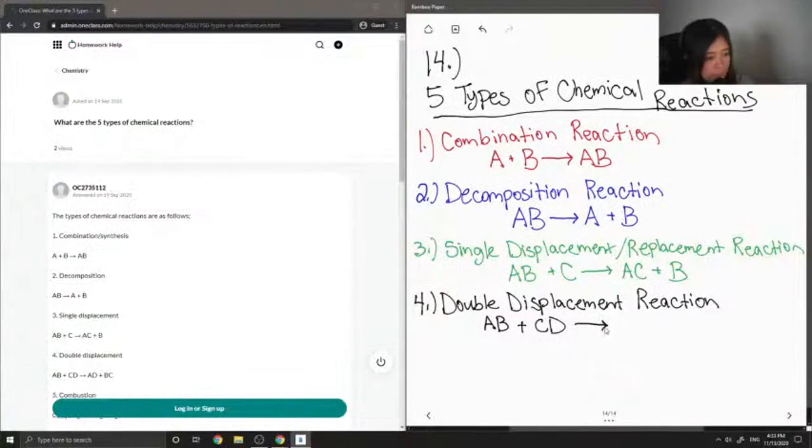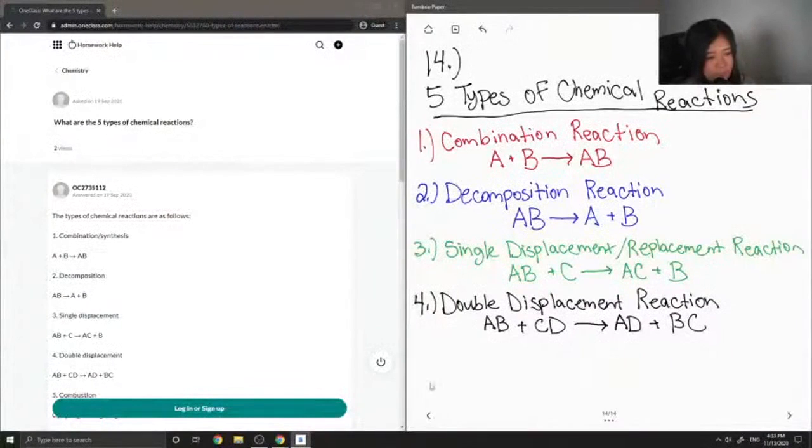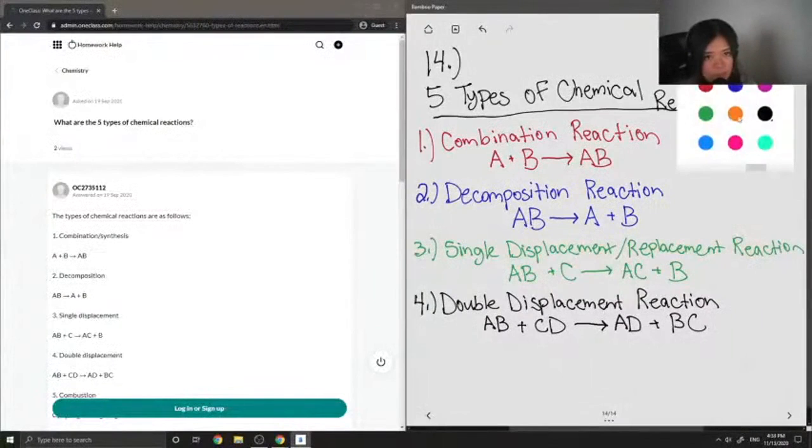When you have a double displacement reaction, then 2 elements will switch places with the other 2, if that makes sense. So instead of AB, it got switched up and made AD plus BC. So you can imagine like the intermediate of this reaction to just be all of the ions separated and then coming together with the opposite element.